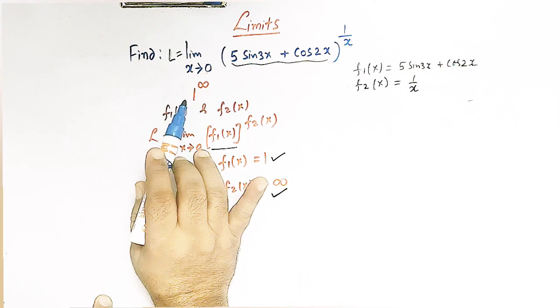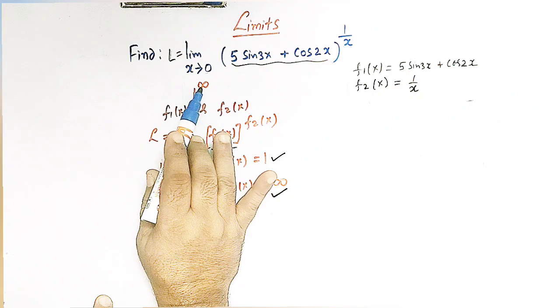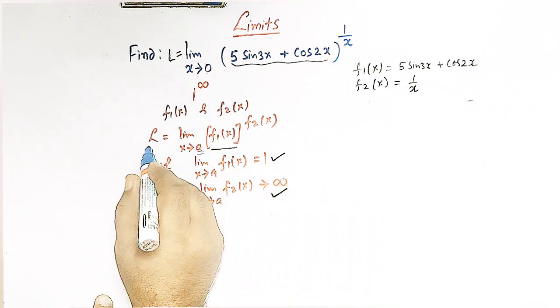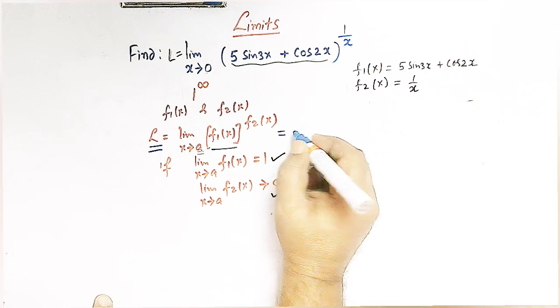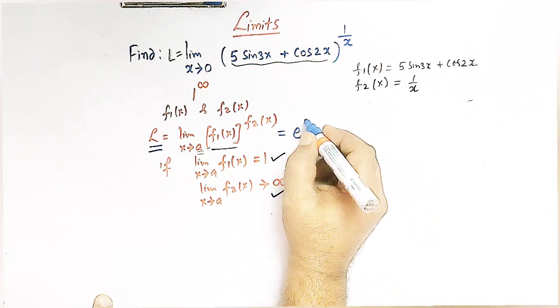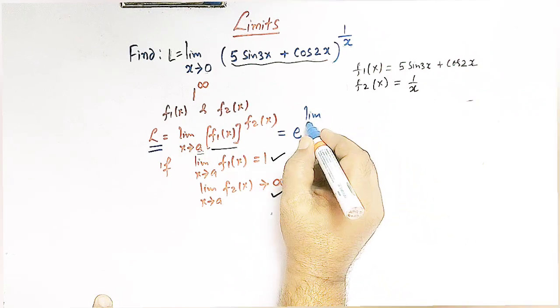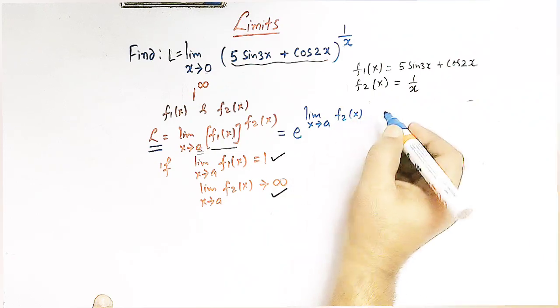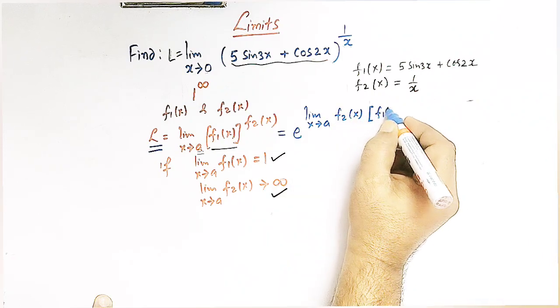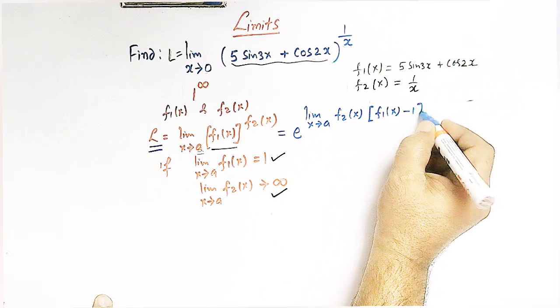So when we have a limit of the form 1 raised to infinity, then the value of this limit L can be evaluated by using this result, that is e raised to the limit as x tends to a of f2(x) multiplied with f1(x) minus 1.